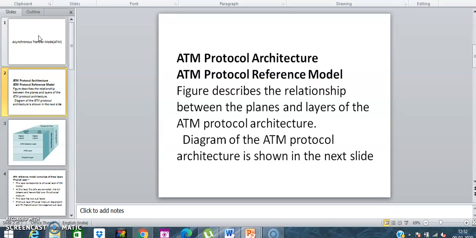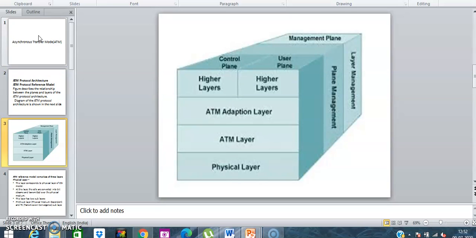In the next slide, the figure describes the relationship between the planes and layers of ATM protocol architecture. The main function of ATM is multiplexing various logical connections over a single physical interface.